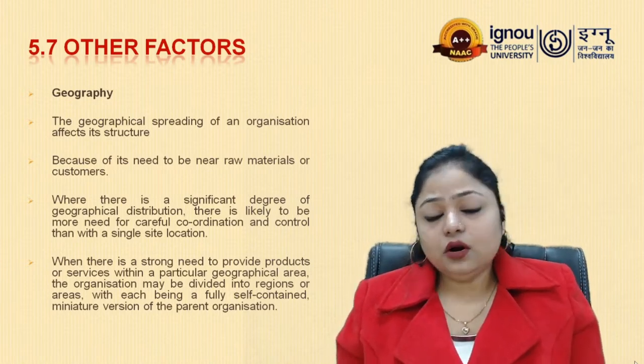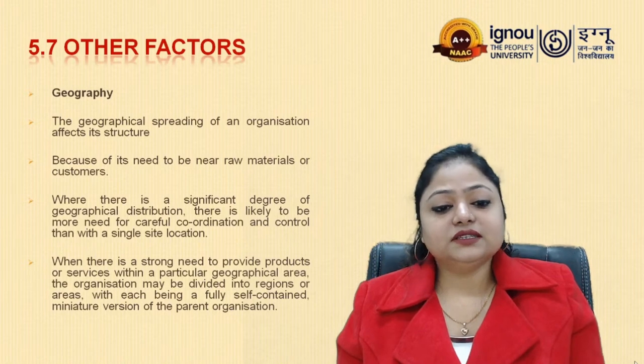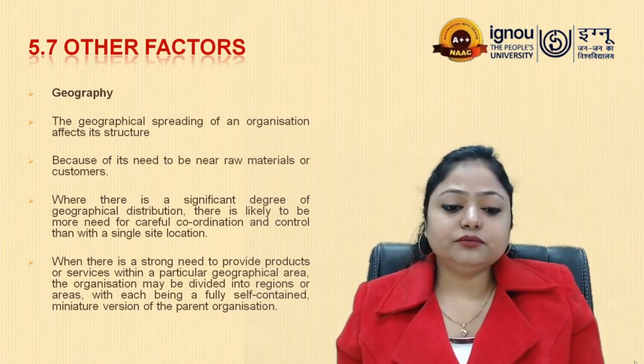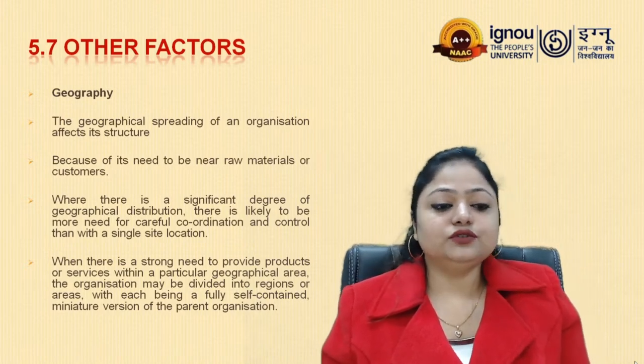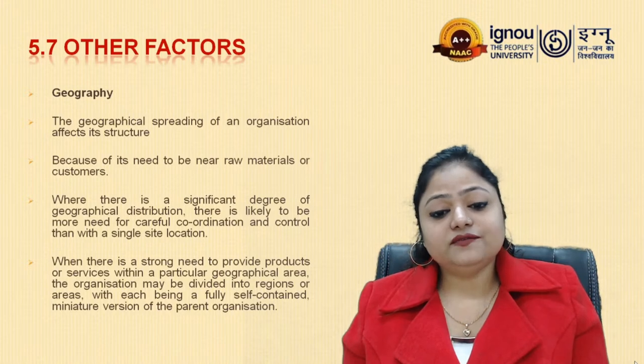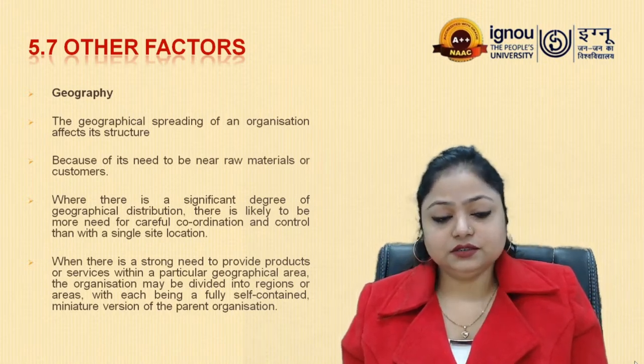Then, when there is a strong need to provide products and services within a geographical area, the organization may divide itself into regions or areas, each having its full self-contained miniature version of the parent organization.